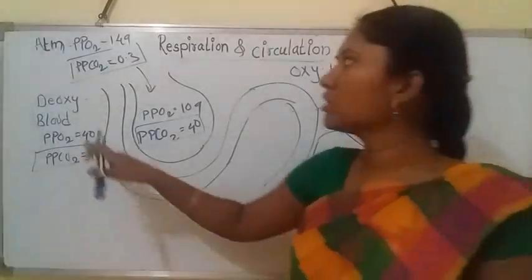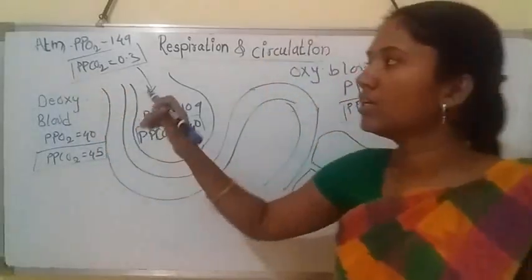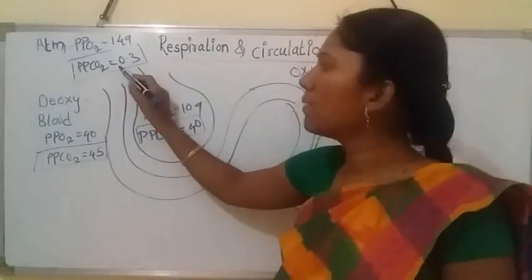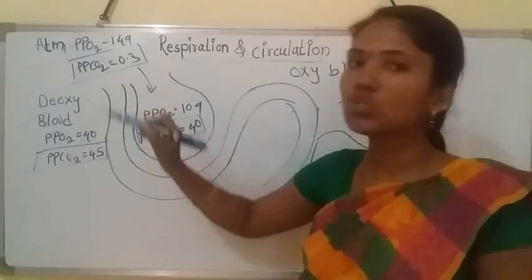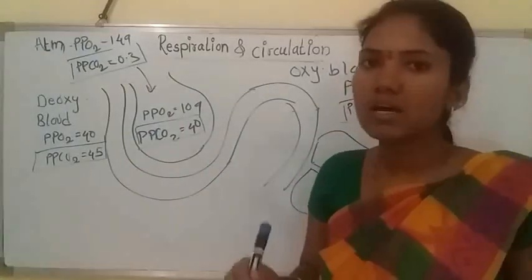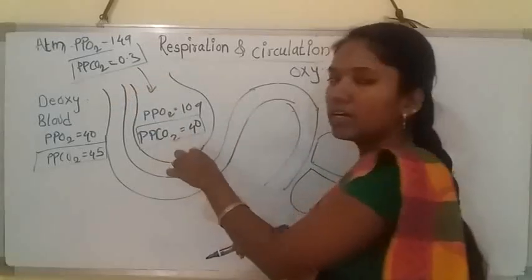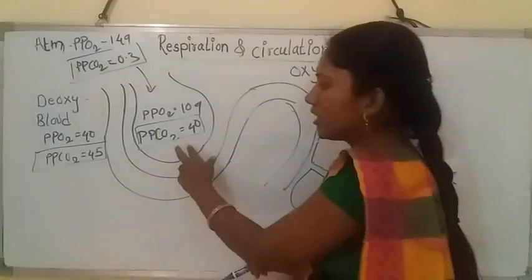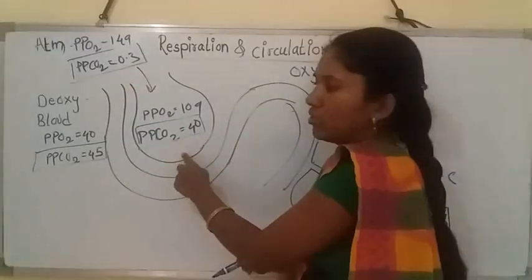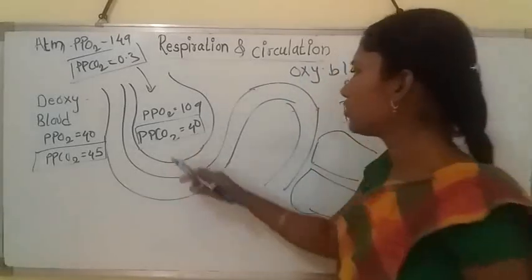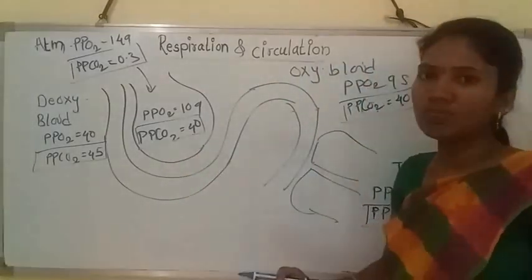So see, the partial pressure of carbon dioxide in the atmosphere is 0.3 mm of Hg. After that, from the atmosphere, air enters into the lungs. So second, you have to remember the alveoli. In alveoli, the partial pressure of CO2 is 40 mm of Hg.